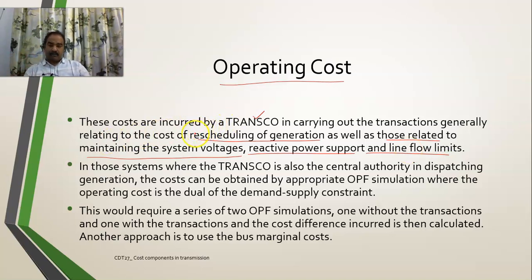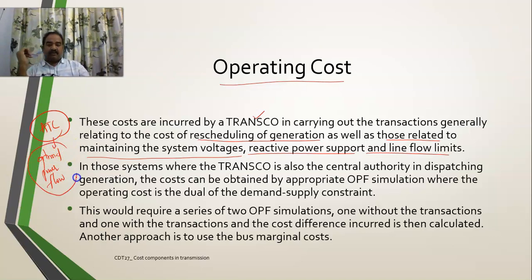Normally, in our state also, Transco is the central authority which dispatches the power from the generating stations to the distribution stations. So while doing this transportation of power from GenCos to DISCOMs, it will perform optimal power flow. First of all, it will identify the ATC, available transmission capability, and based upon that, they will check whether it is available or not.